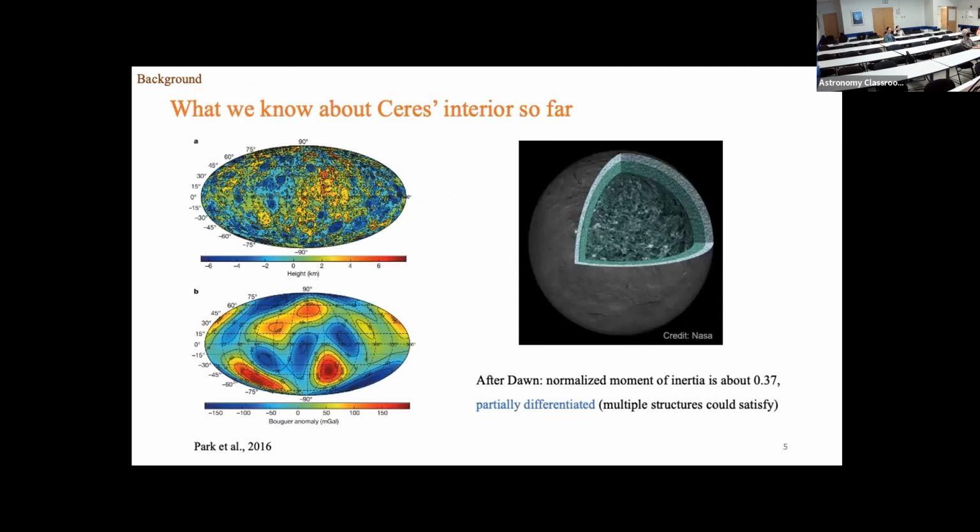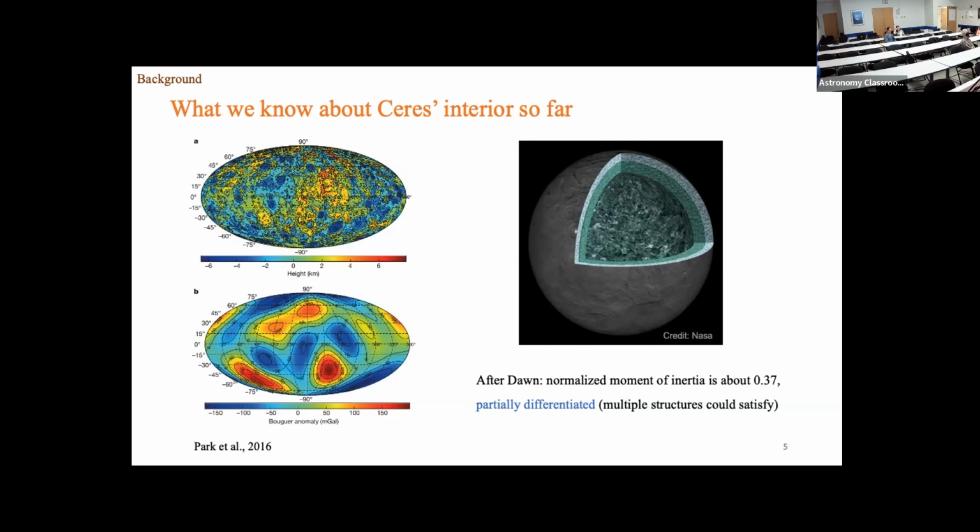After the Dawn mission, the gravity anomaly was measured, and Park et al. calculated the normalized moment of inertia of Ceres to be 0.37. However, the density or porosity profile is not unique under this constraint. For example, a 2-layer model or a 3-layer model with a denser crust would all match this value of 0.37.